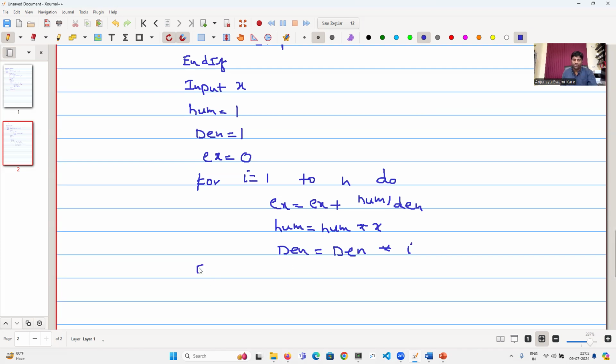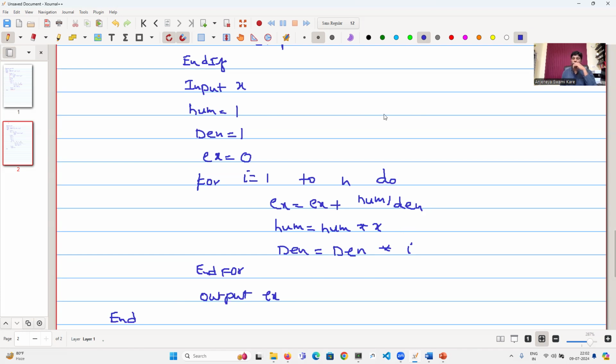And the end for, and output ex, then end. You see here, the numerator is changing by multiplying the previous numerator by x; you will get the current numerator.